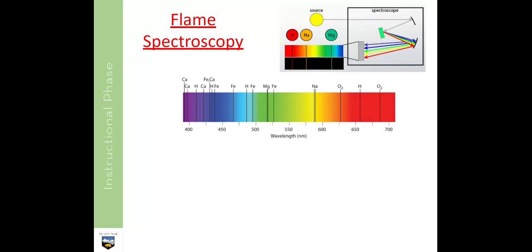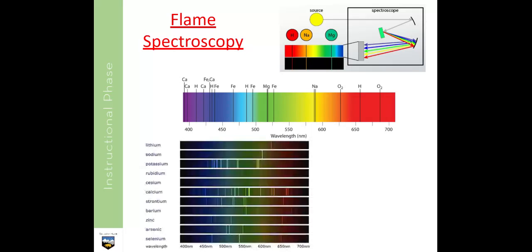Now you can compare this to known spectrums. So for lithium, you can see this is the spectrum lines produced by the lithium ion. You've got sodium spectrum lines and so forth.